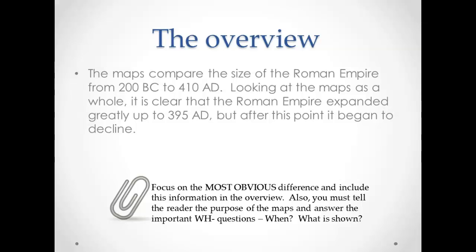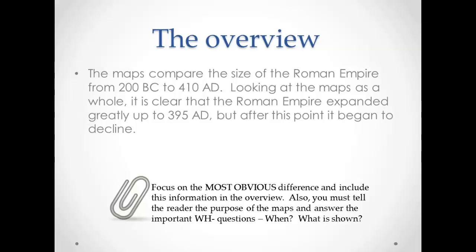It's very important in this type of overview that you focus on the most obvious difference. So looking at the maps as a whole, it is clear that, most obvious, the Roman Empire expanded up to this time, this year, but after this point, it got smaller.